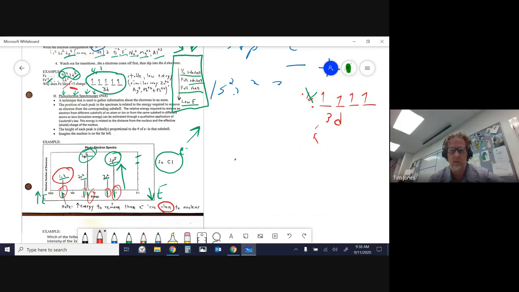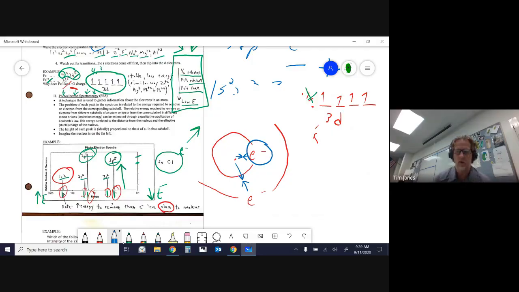If I had a nucleus and I have an electron here, let's say in the first shell, and I have an electron here in the second shell, there is going to be an attraction between the nucleus and the electron. The electron in the first shell has a stronger attraction between it and the nucleus. So that one's going to be harder to get out.